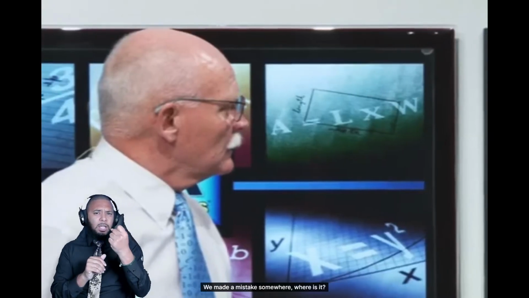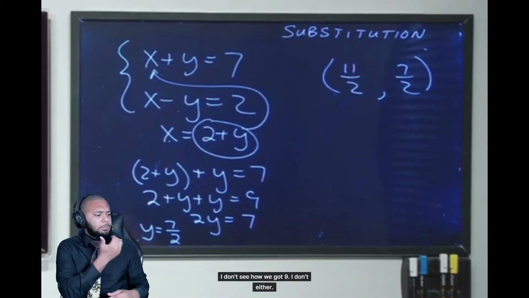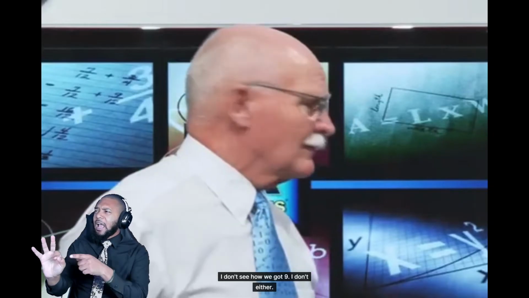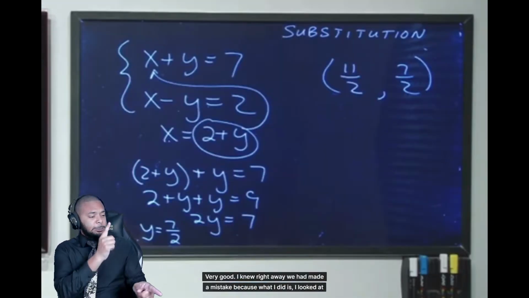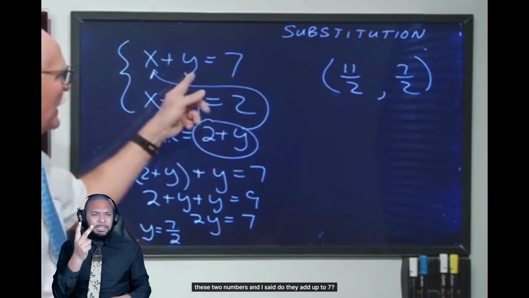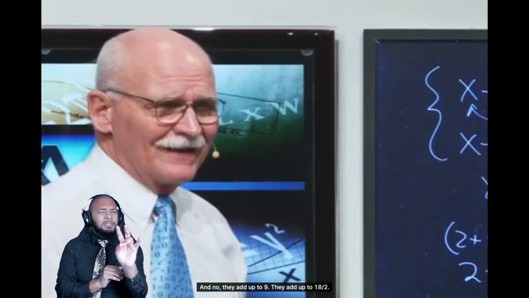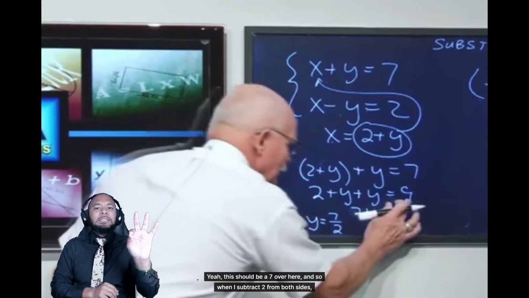Okay? We made a mistake somewhere. Where is it? I don't see how we got 9. I don't either. Very good. I knew right away we had made a mistake because what I did is I looked at these two numbers and I said, do they add up to 7? And no, they add up to 9. They add up to 18/2. Yeah, this should be a 7 over here.